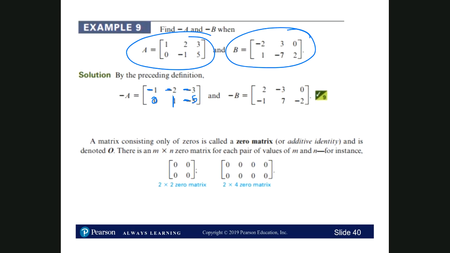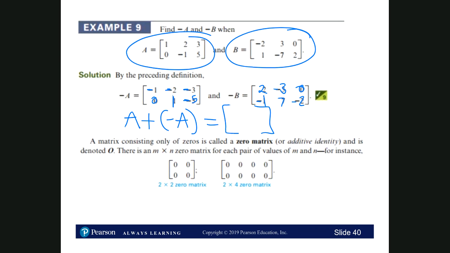Every single entry changed to its opposite sign, just like if we were distributing a negative 1. So negative 2 changed to positive 2, 3 to negative 3, 0 to 0, 1 to negative 1, negative 7 to 7, and 2 to negative 2. Now, if we were to add a matrix plus its inverse, we will obtain what we call the zero matrix.